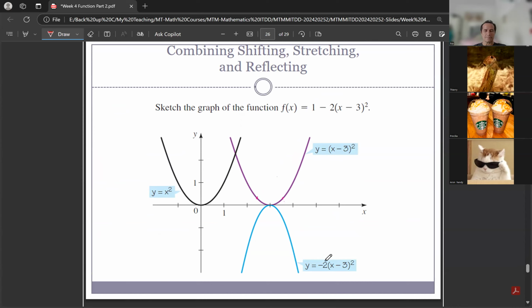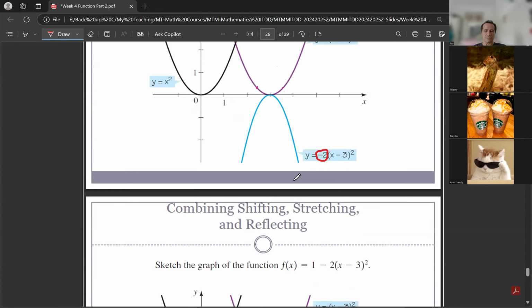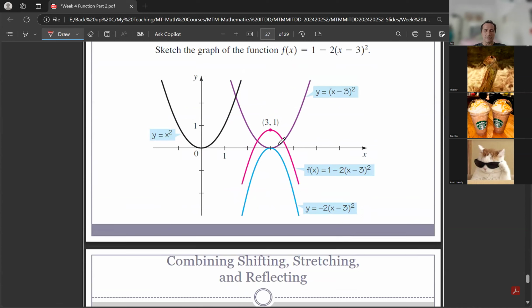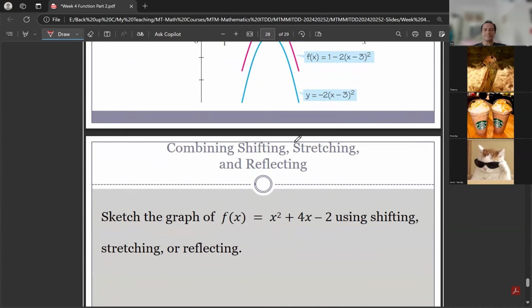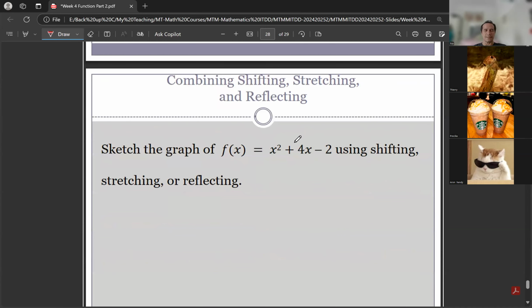Now, in this step, they combine two things, minus and multiply by 2. So this is the result. And go upward vertically 1 unit. Yeah. So this is what we have.